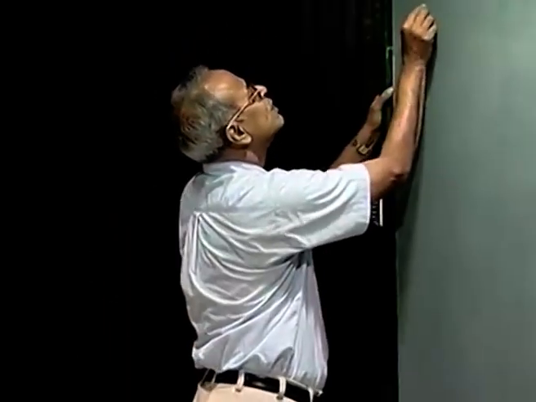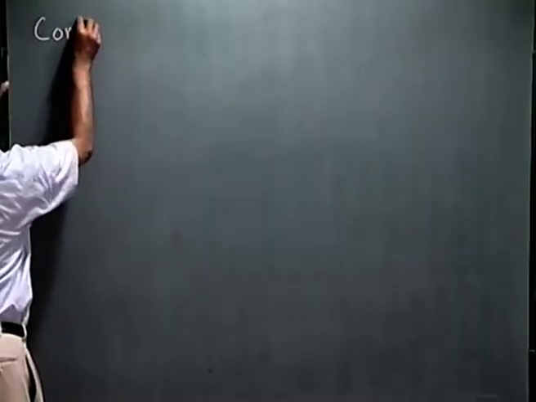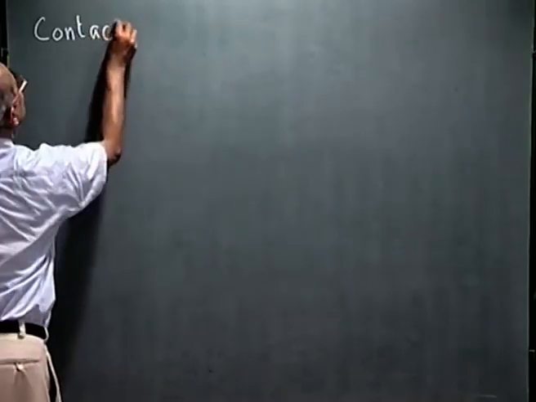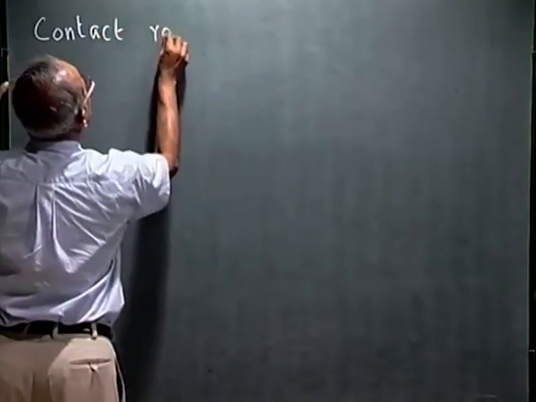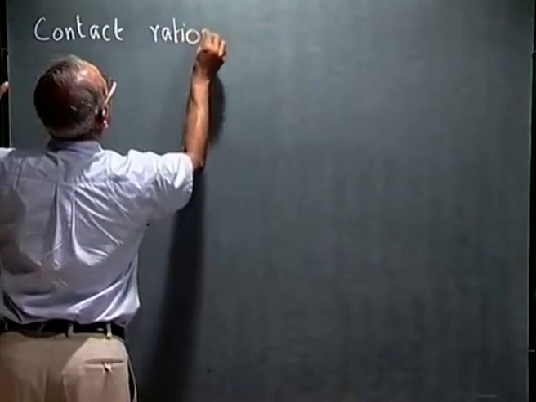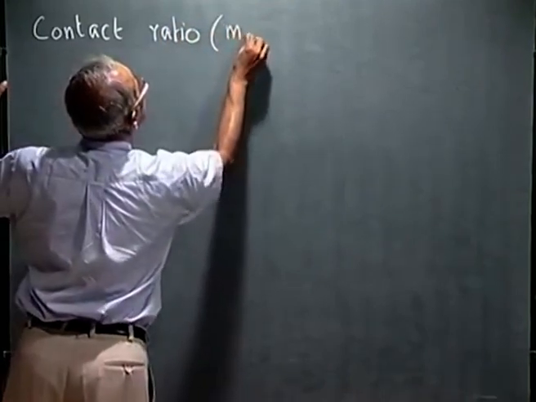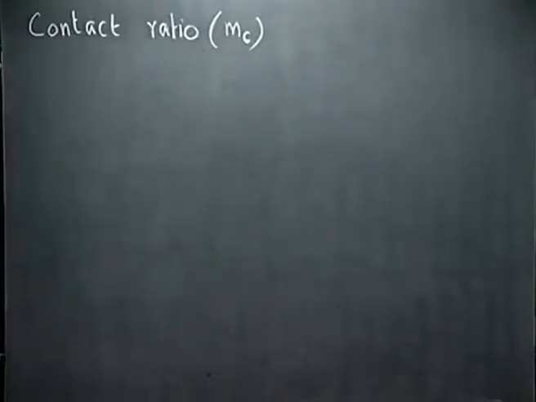Let me now define the contact ratio and try to get the expression of this contact ratio. So, we study contact ratio for involute tooth profile. We use the symbol MC to indicate the contact ratio.